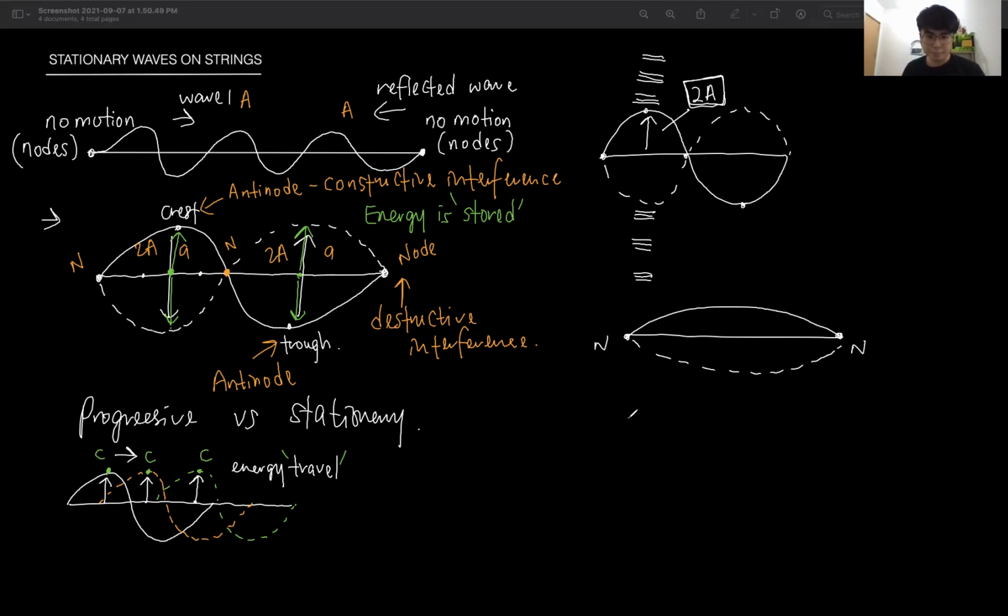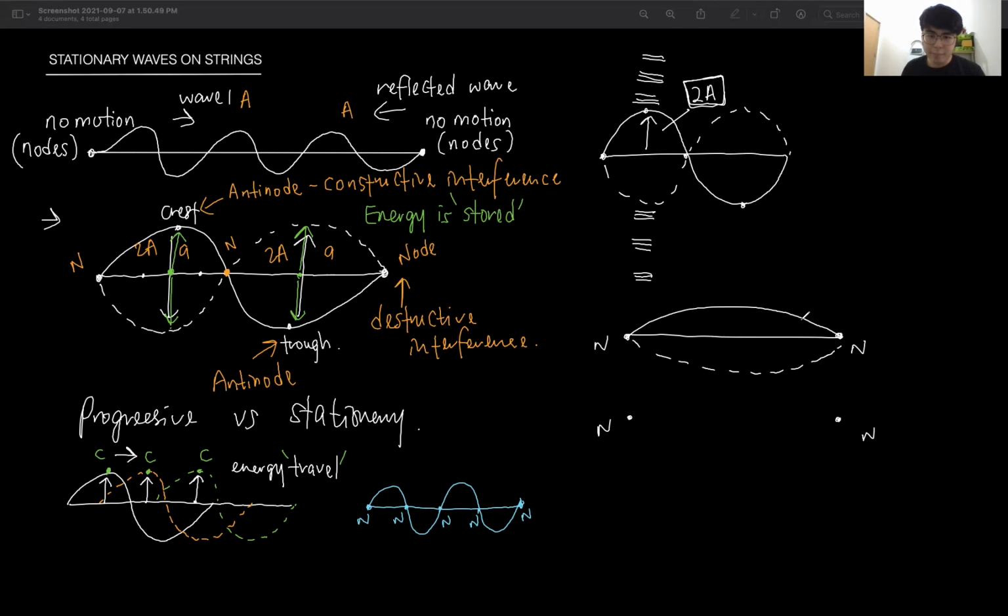The second one, how do you know the pattern? It's very simple. You just draw the wave out like this, and then put the nodes in. If you want to work out the pattern, you just find how many waves can be fitted between these two nodes.